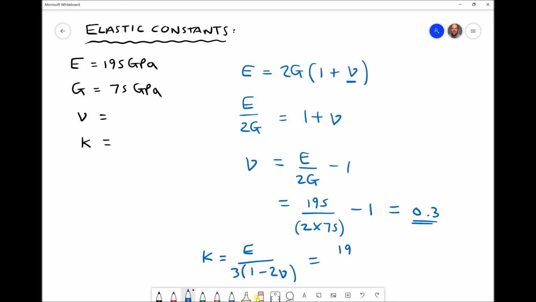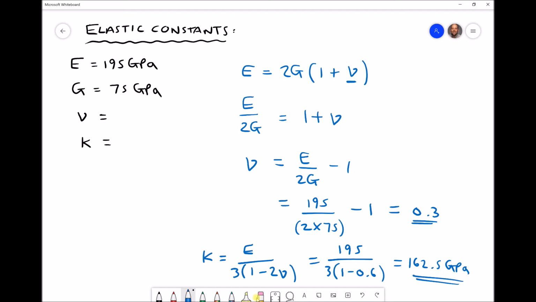We have 195 working in gigapascals divided by 3. 1 minus 2 times 0.3 is 0.6. And running that through the calculator gives us a bulk modulus equal to 162.5. Now, we know the units here are gigapascals because we inputted our elastic modulus in gigapascals.